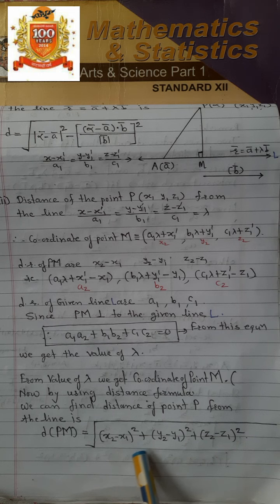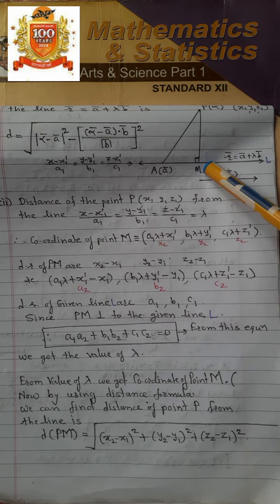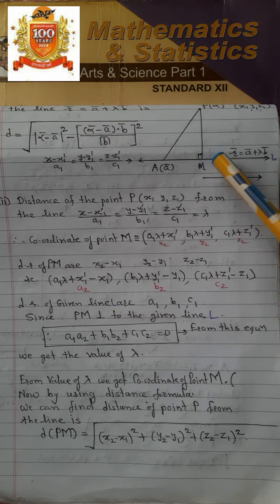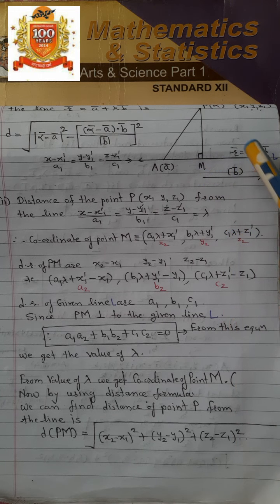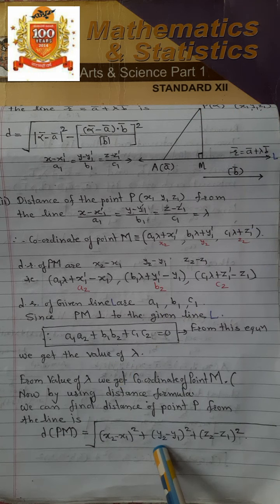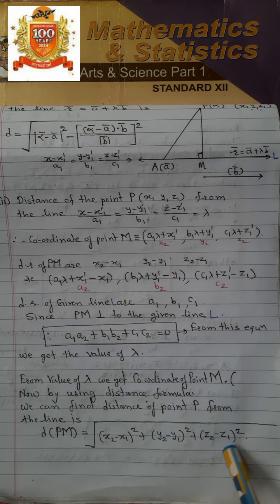Because coordinates of point M are x2, y2, z2 and coordinates of point P are x1, y1, z1.